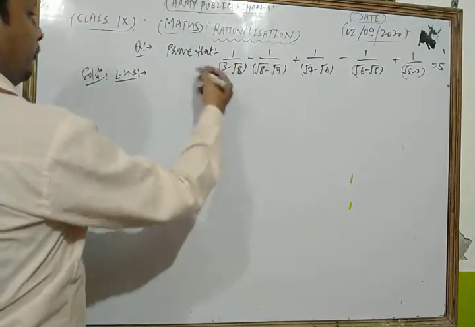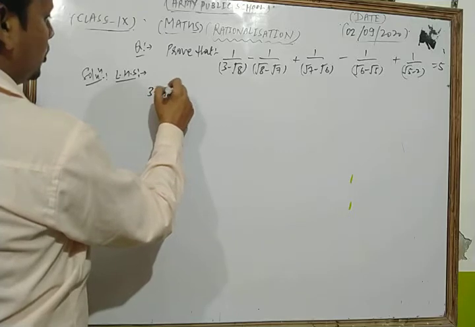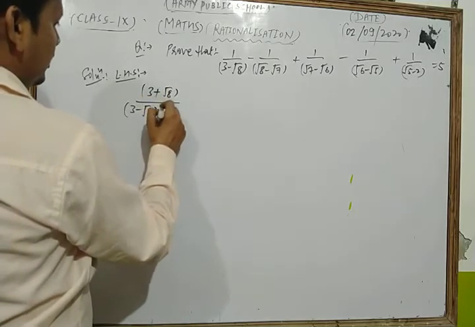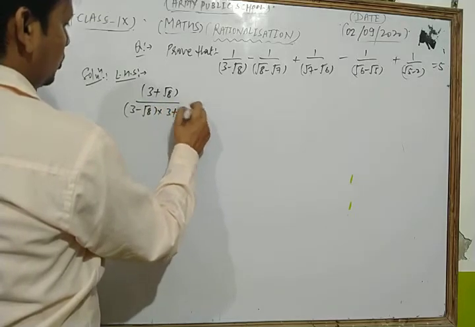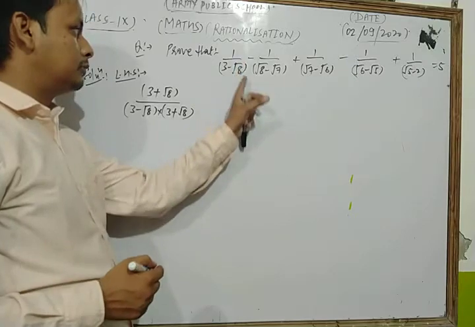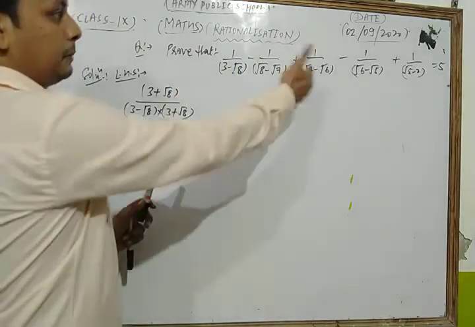First rationalize. So we must multiply both the numerator and denominator by its conjugate, that is 3 plus root 8. The same process applies in each term.